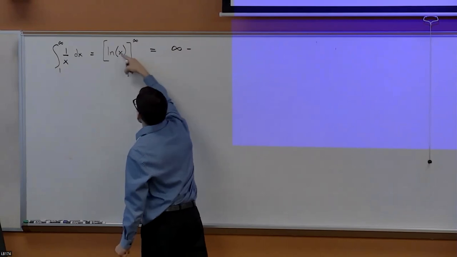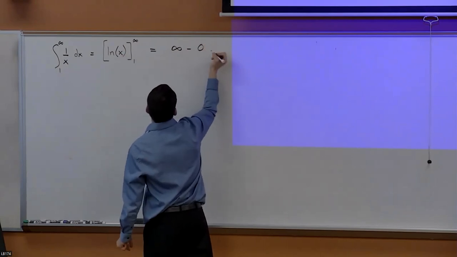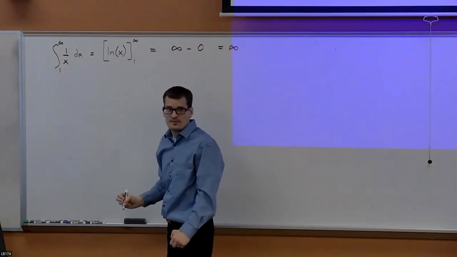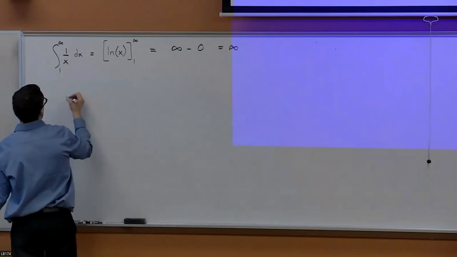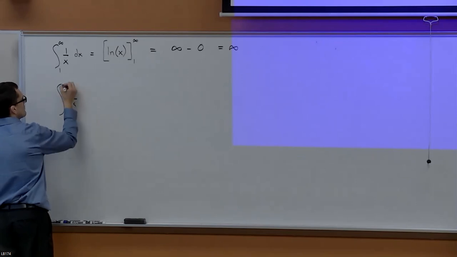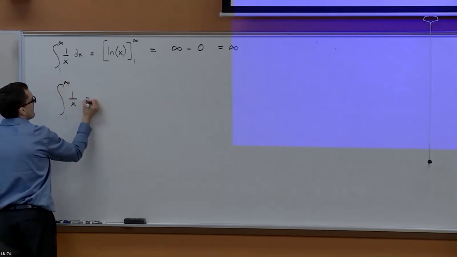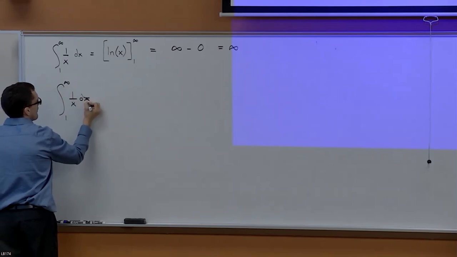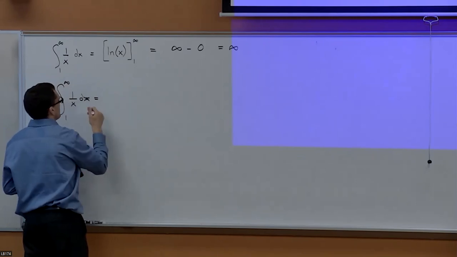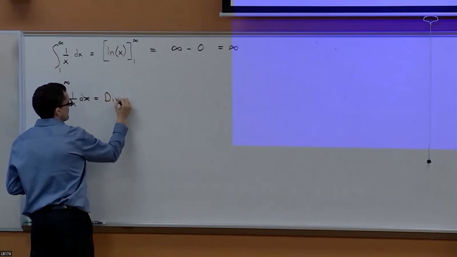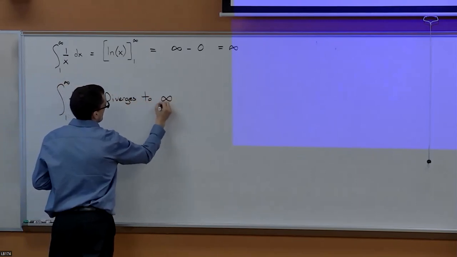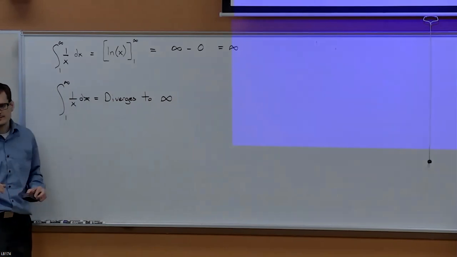If you plug in 1, you get a 0. Infinity minus 0 is still infinity. So that means this integration diverges, because it goes out to infinity.